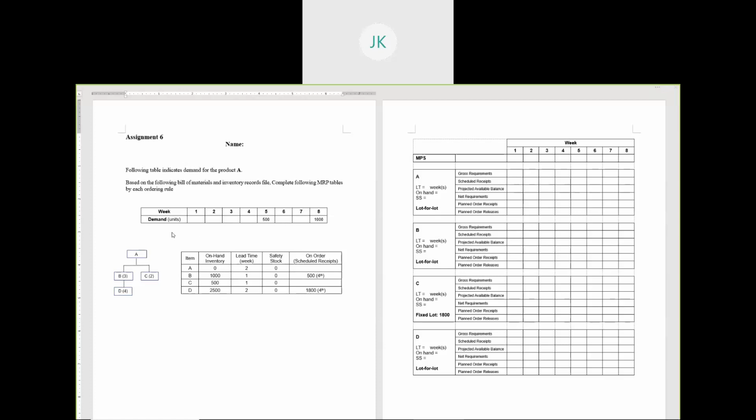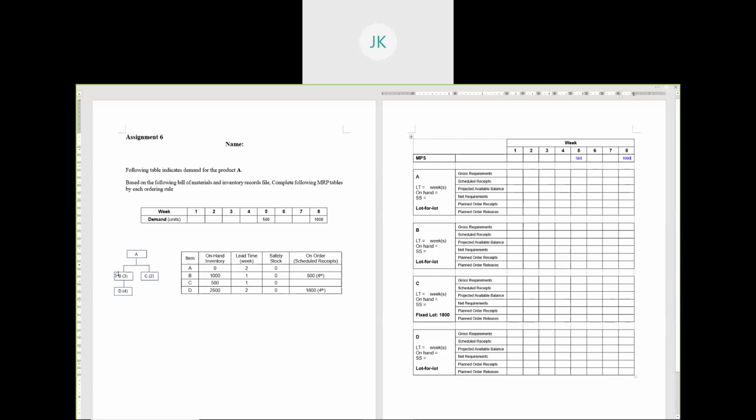So given the MPS, bill of material, and inventory record file, first you need to copy the demand: 500 in week 5, and in week 8, 1000.